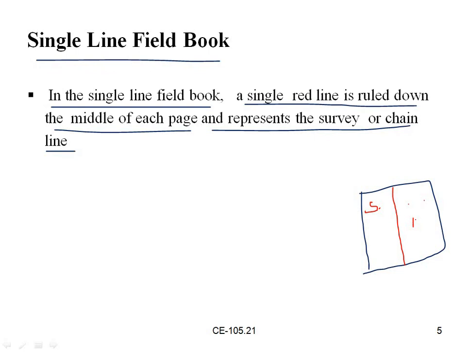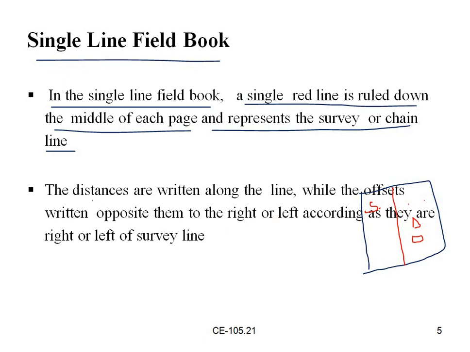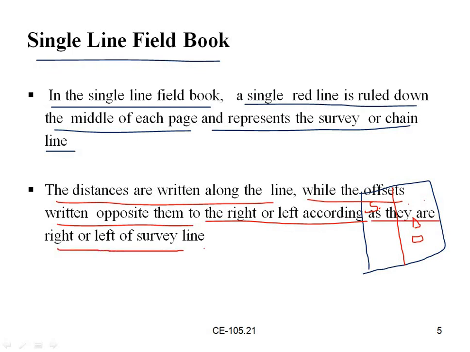If any diagrams are there we will draw them. The distances are written along the line, while the offsets are written opposite them to the right or left, according as they are right or left of the survey line. Here the distances are written along the red line, and in this we write the readings.